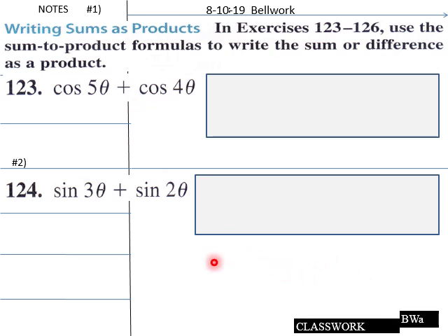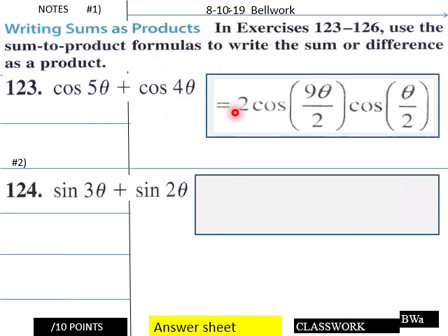Okay, welcome back for the solutions for today's bell work. Sum to product formulas. You should have your formula sheet out so that you can write these sums into products. For the first one, 123, that one will become 2 cosine 9 theta over 2 cosine theta over 2 by using your sum to product formula.